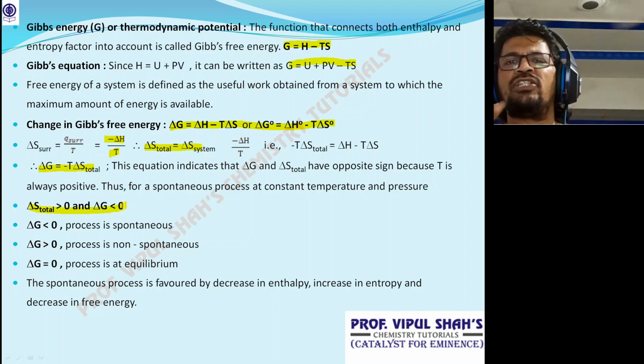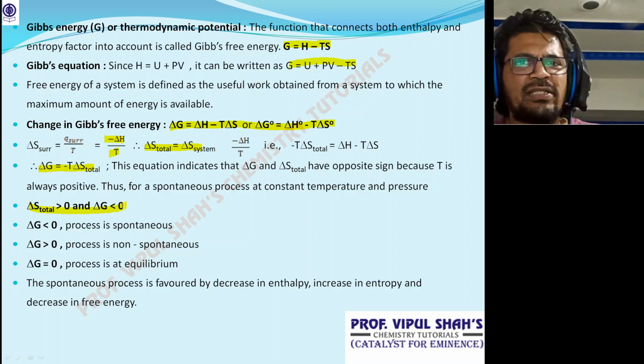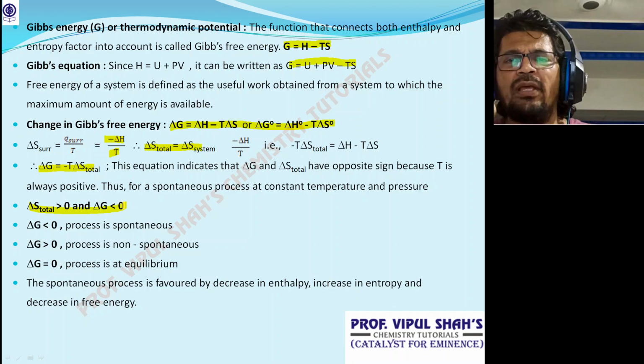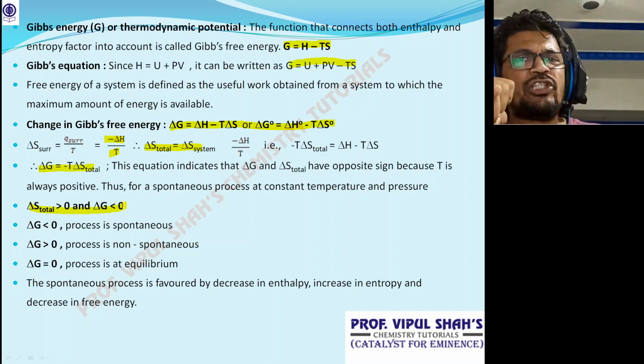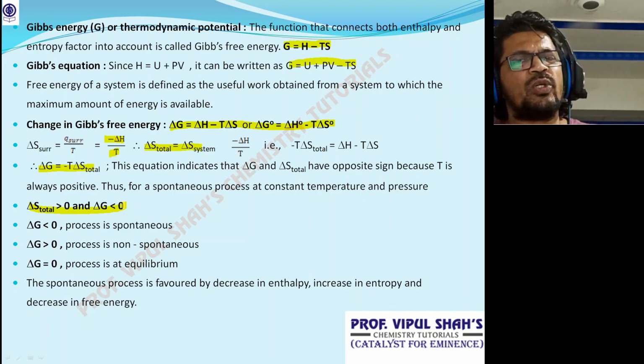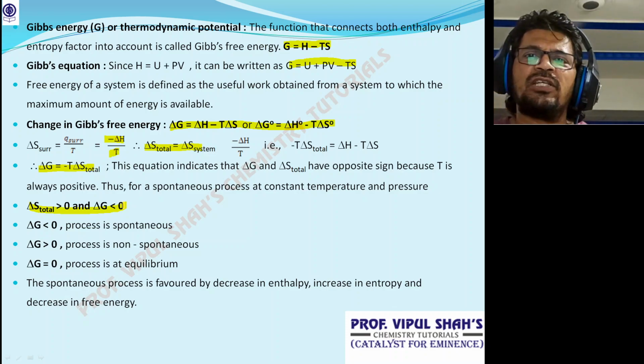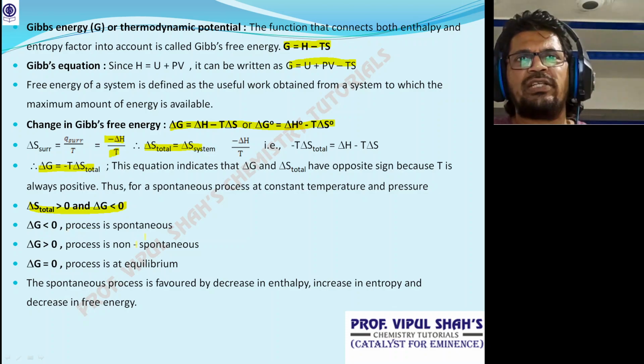So for delta G, the expression goes like this: delta G is delta H minus T delta S. An important point to know: delta G less than 0, the process is spontaneous. Delta G equal to 0, the process is in equilibrium. Delta G greater than 0, the process is non-spontaneous. Clear?